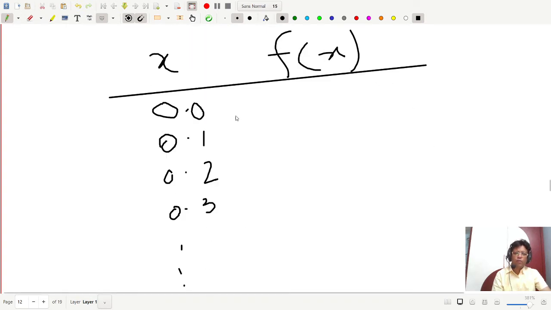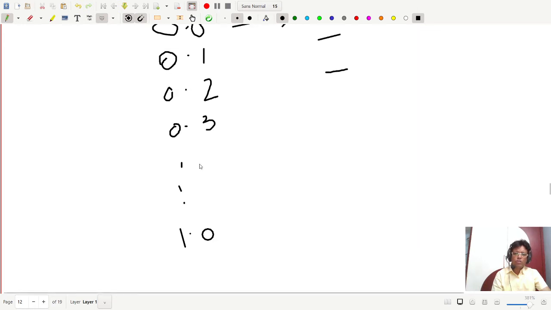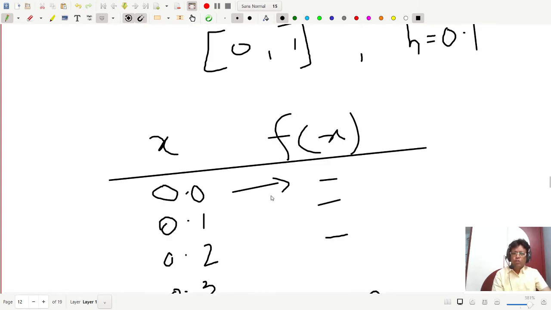Next, calculate the value of f(x) at these points. Suppose the values are negative up to 0.4, and between 0.4 and 0.5 you have a change of sign, from negative to positive. So there is a root between 0.4 and 0.5, because there is a change of sign.